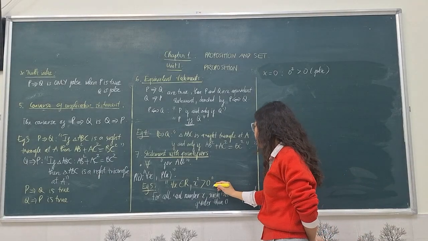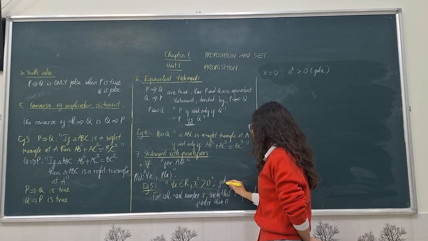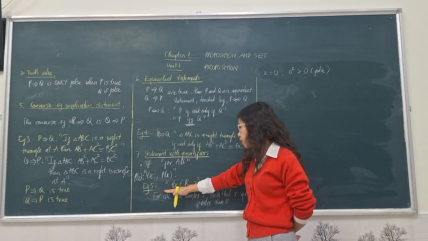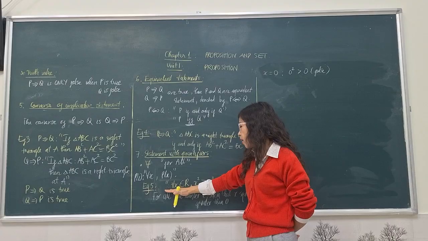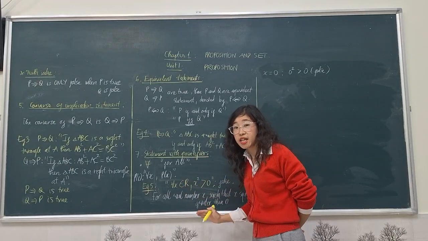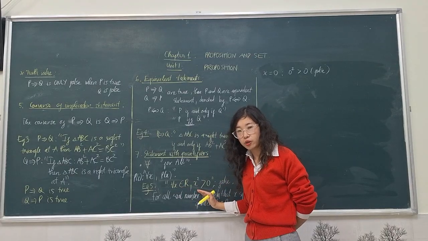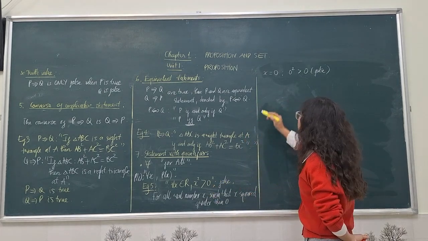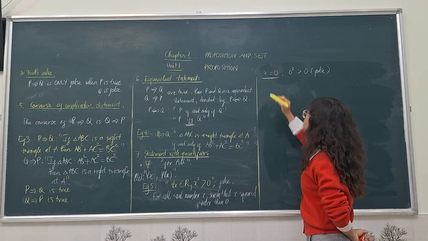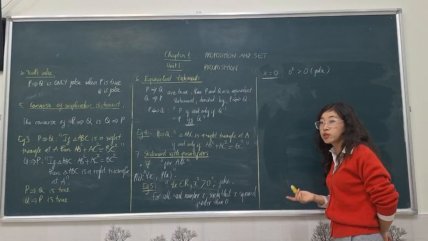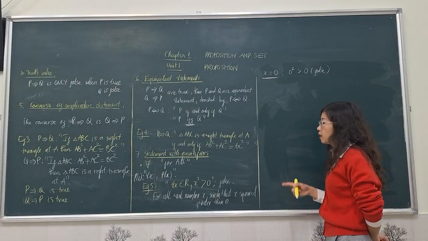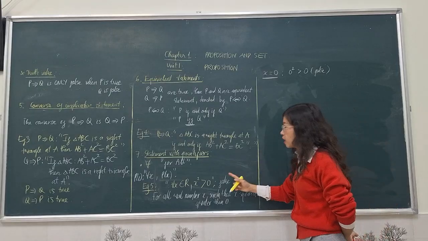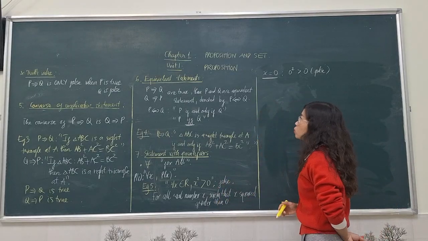That means the proposition is false, because we have the notation "for all" here. All real numbers must satisfy this identifier. It would be true only if every case worked, but we have the case x equals 0 that makes the proposition false. So we say the statement is false.